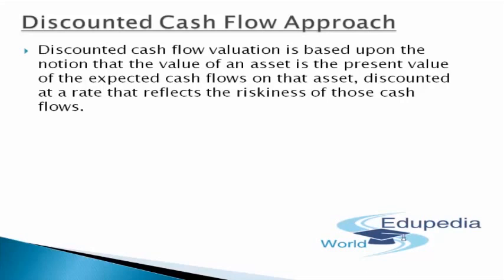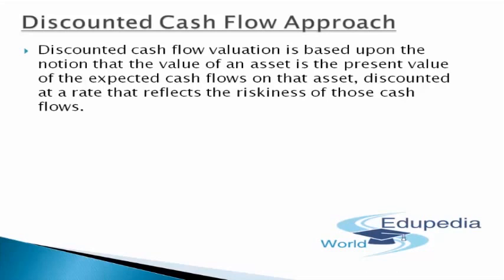So if you are generating 2 rupees in the first year, and the same 2 rupees is generated in the second year, in the first year the discounting rate was 1 because you have the 2 rupees in your hand even today. After 1 year, when you receive 2 rupees, the value of that 2 rupees won't be the same as the value of 2 rupees today.